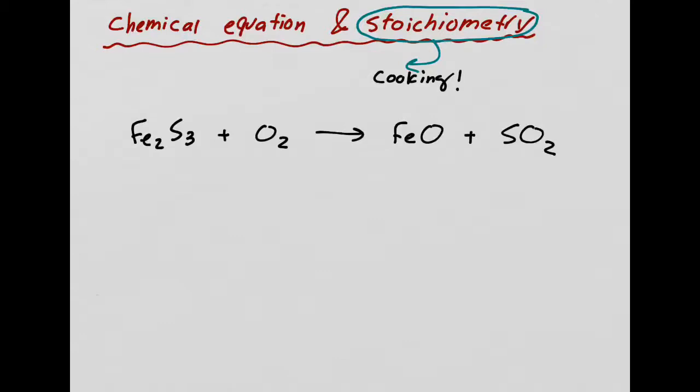What I need you to do, I want you to balance this equation. Okay? Let's balance it together. I have 1 only Fe over there, so I'm going to put a 2 over here. So then I have 2 Fe, 2 Fe. I have 3 sulfur, I have 1 sulfur, so I'm going to add a 3 over here. Okay? Always balance oxygen last, otherwise you're going to go crazy.